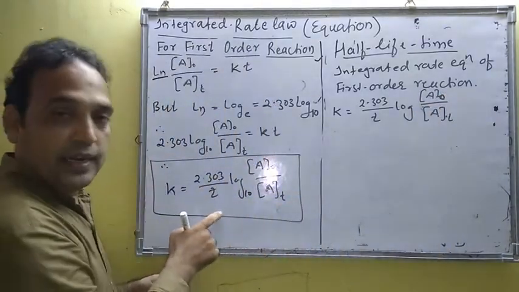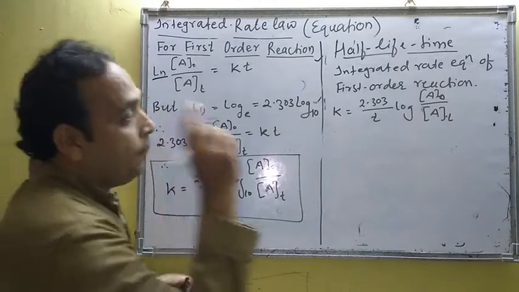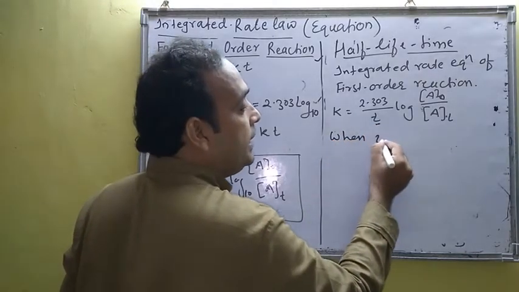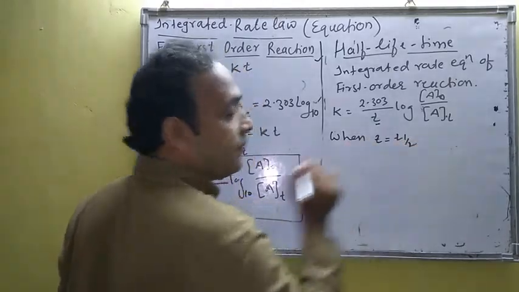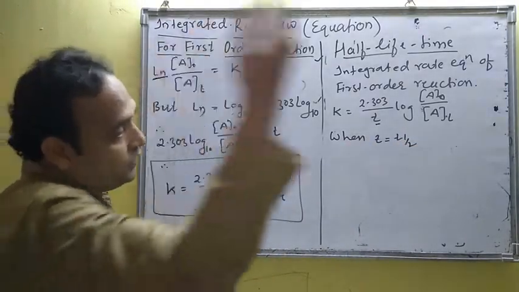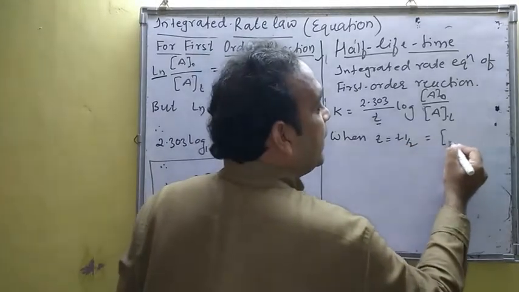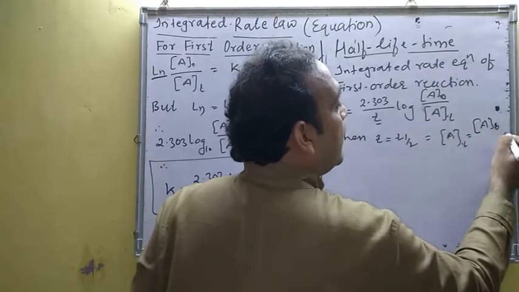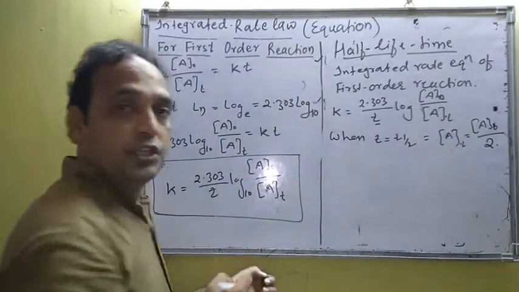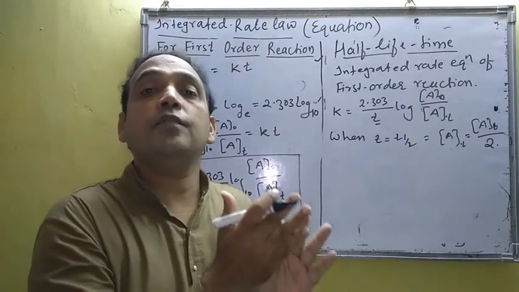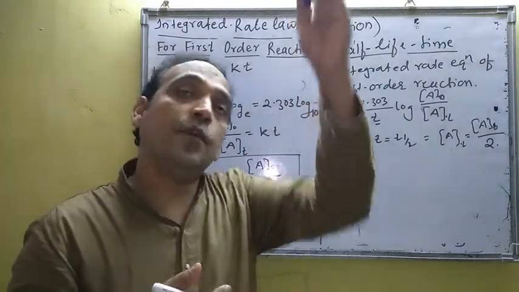Okay, this is your integrated rate equation. But when T is equal to T half, when the half time is reached, what will my AT be? Here AT becomes half of the initial. And why does AT become half of the initial? Time required to complete half of the reactant into product, and I will take half of the initial.